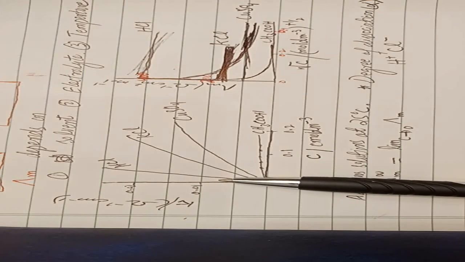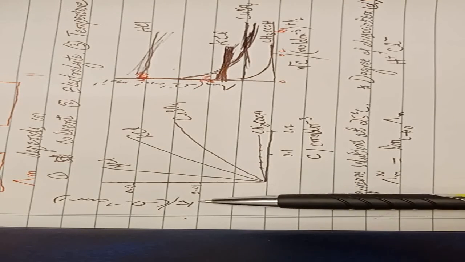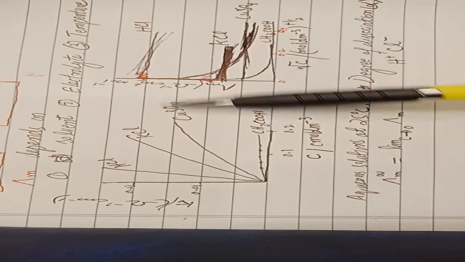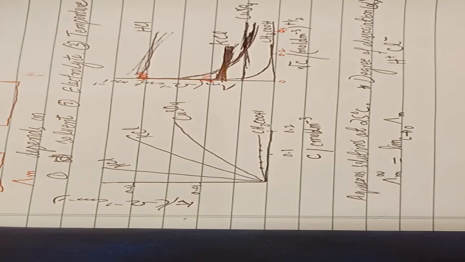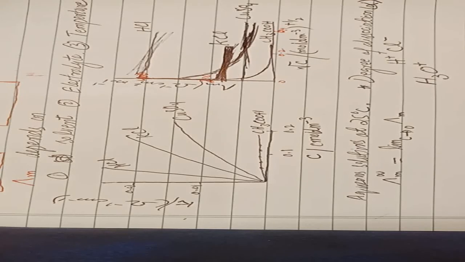Here one thing needs to be mentioned: the molar conductivity of HCl is higher than that of KCl because of a special transport mechanism based on the transport of the hydronium ion.